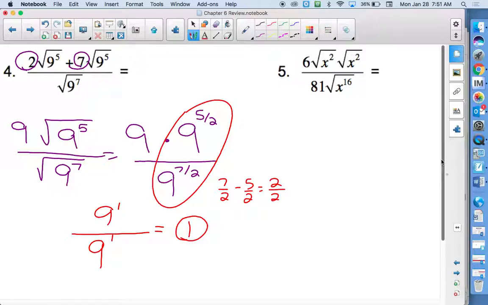And then the last one up here with these exponents. We have 6 and then the square root of x squared times the square root of x squared divided by 81, the square root of x to the 16. Maggie, what do you think you could do here?